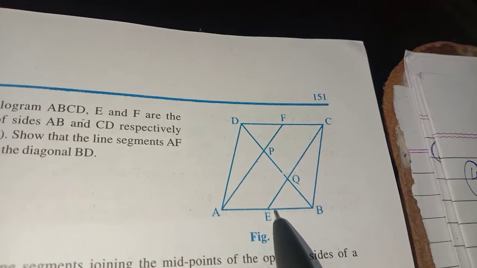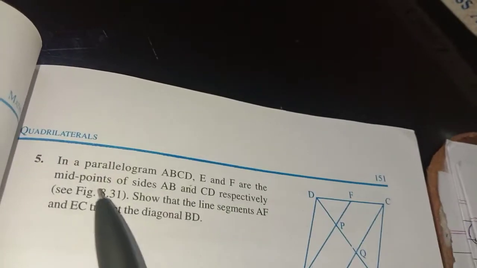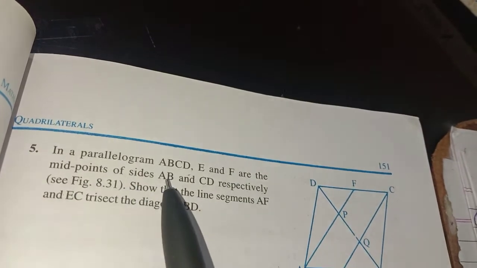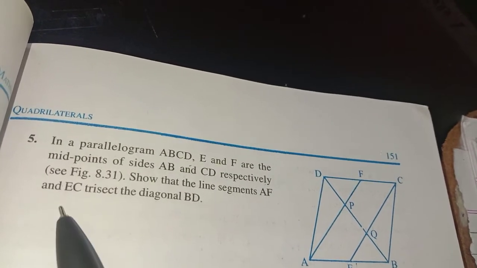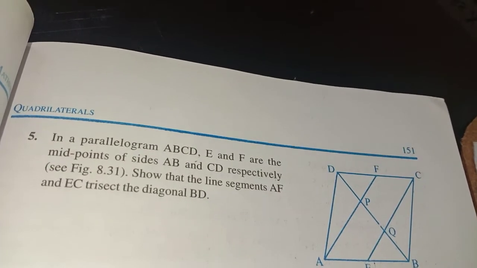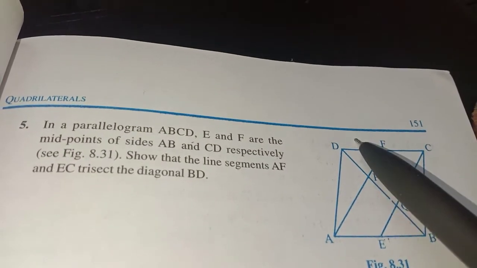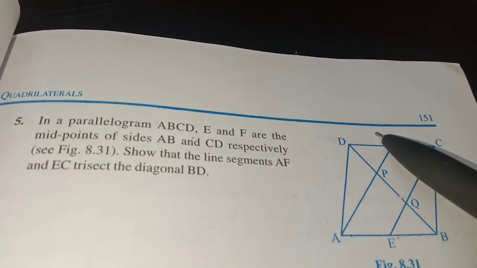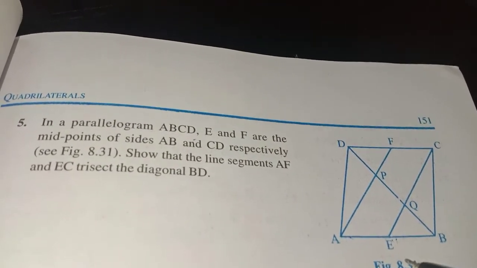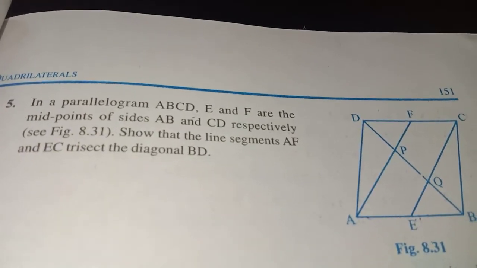E and F are the midpoints of AB and CD respectively, so that line segments AF and EC trisect the diagonal BD. We have to show that segments AF and EC intersect the diagonal BD. So let's prove it.